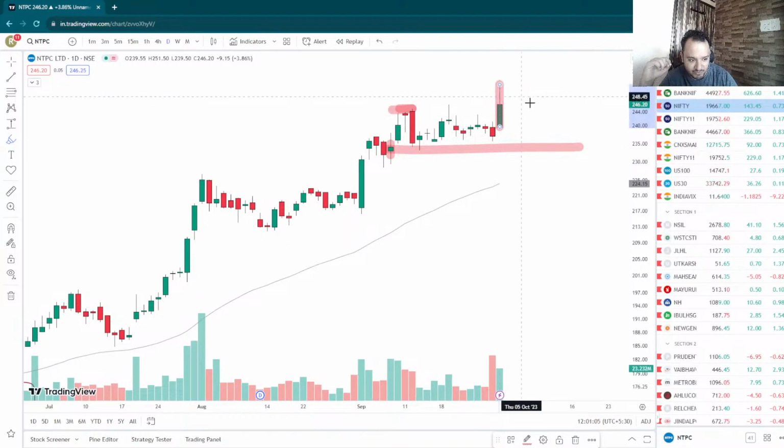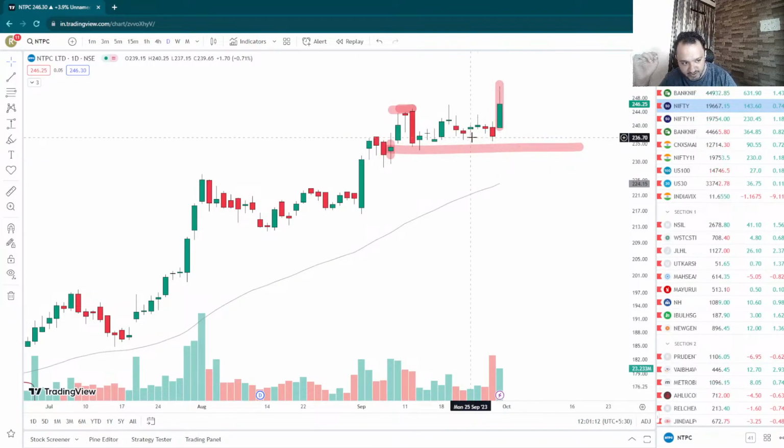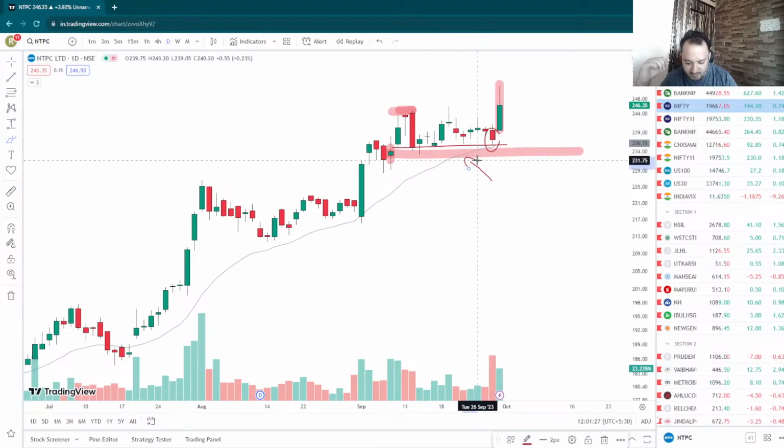This is not something I would trade, but short-term traders who use the 20 DMA might have an entry here. It moved from the 20 DMA itself. Obviously, the move is happening because of the demand zone, not because of the moving average, since this was the last demand.